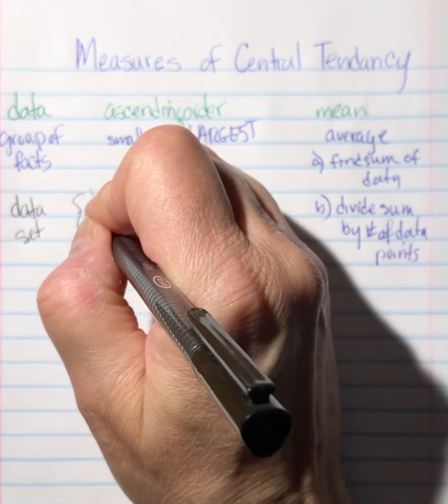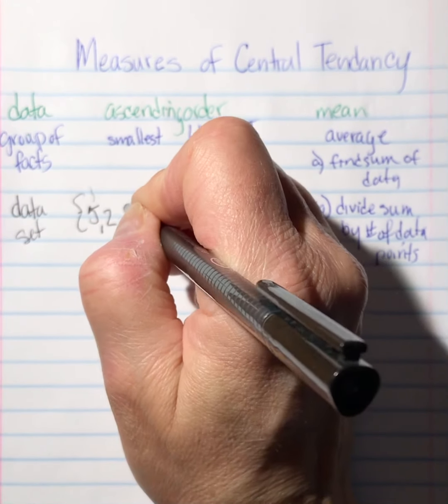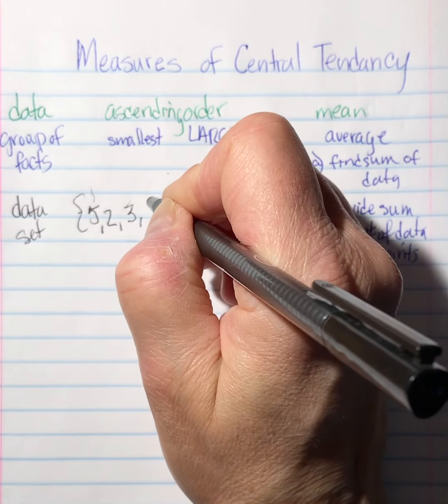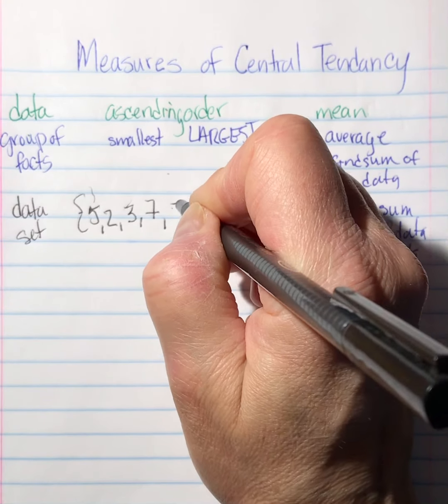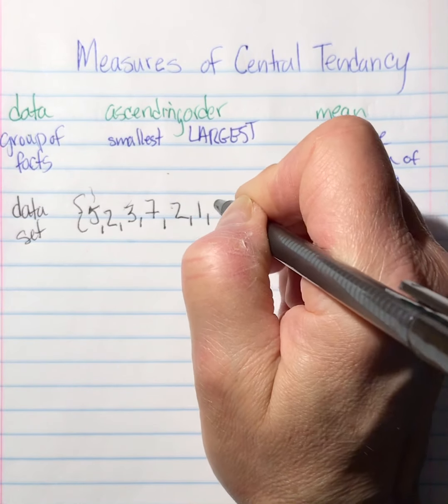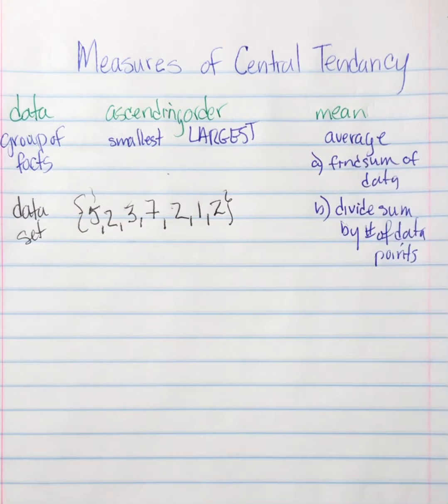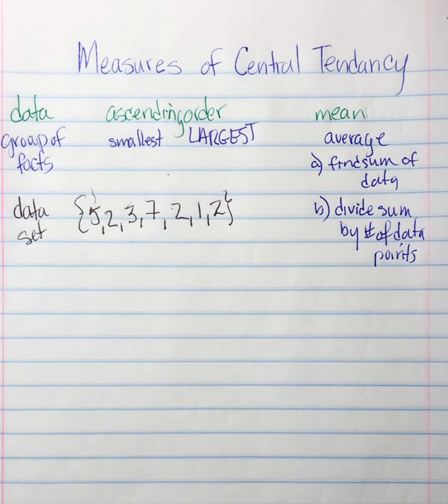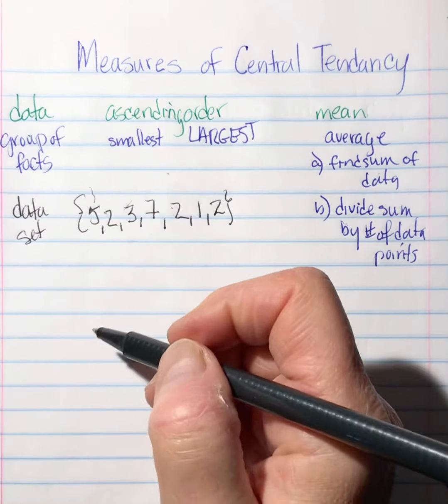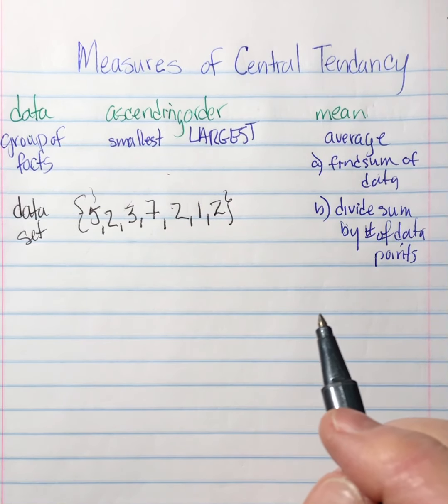I'm going to use a data set of 5, 2, 3, 7, 2, 1, and 2. And then if you have a bracket on one side, you need to have that bracket on the other side. So the very first thing I'm going to do, and you don't necessarily have to do this for mean, but I just want to show you that it is handy to do, and you will need it for other measures of central tendency.